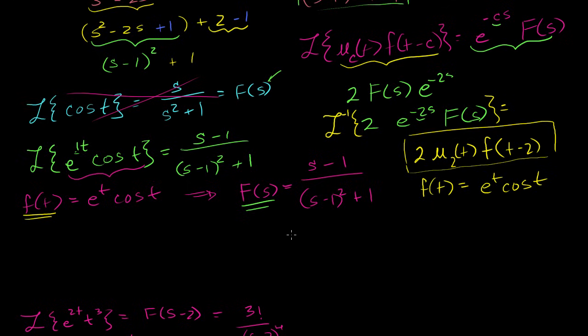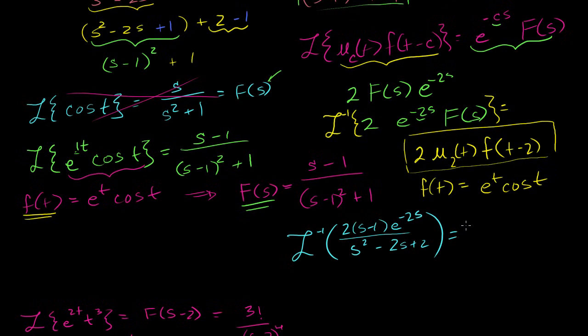We established that the inverse Laplace transform of that big thing that I had written before, 2 times s minus 1 times e to the minus 2s, over s squared minus 2s plus 2, is equal to this thing where f of t is this.